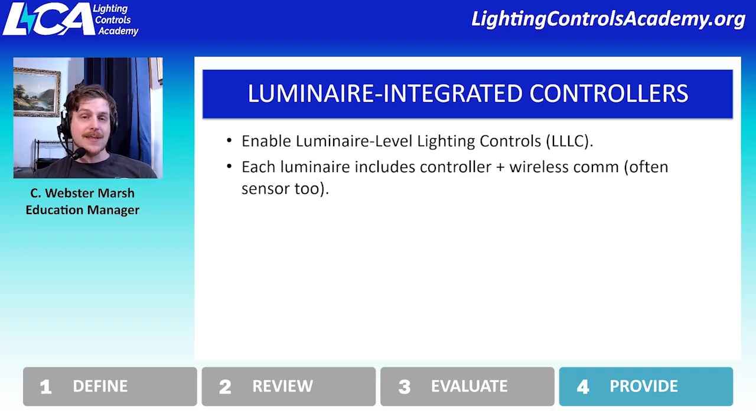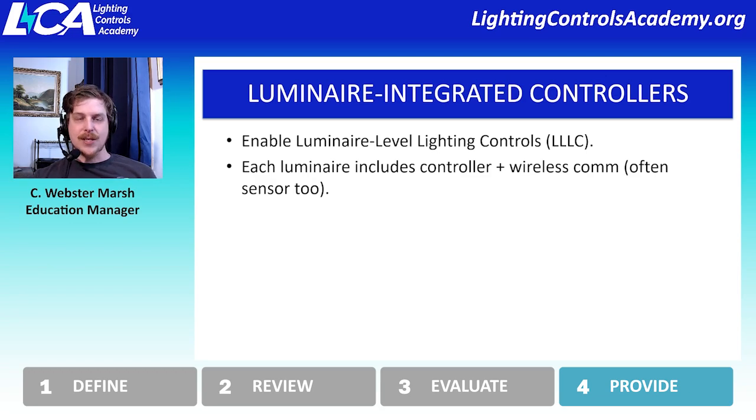And in some cases, depending on which definition of triple LC you follow, there might even be a sensor added to that so that the entire luminaire is independently controllable, independently detecting its own traffic, its own light, its own movement around it, so that even if for some reason communication were to fail, that fixture is still able to operate as though nothing has happened.